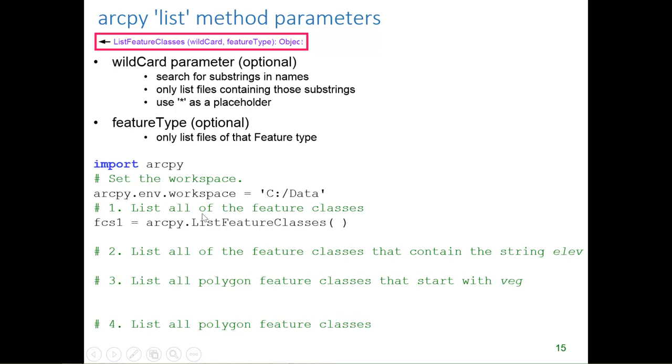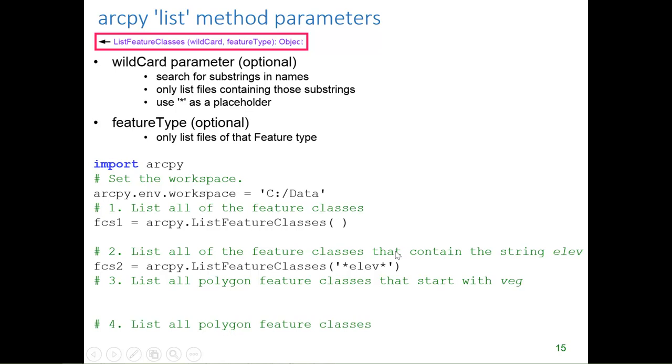Now, in order to list all of the feature classes that contain the string ELEV, we would need to use star as a placeholder so that there could be other things in front of or behind, or nothing in front of or behind ELEV.